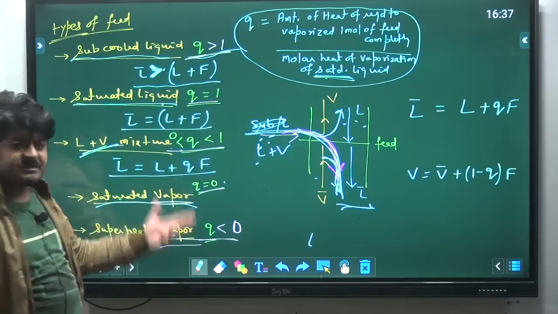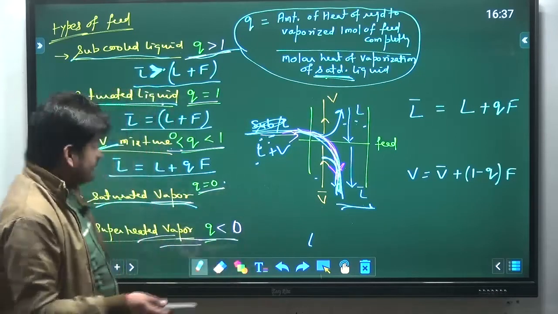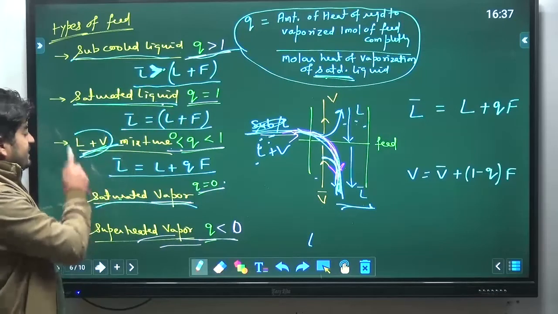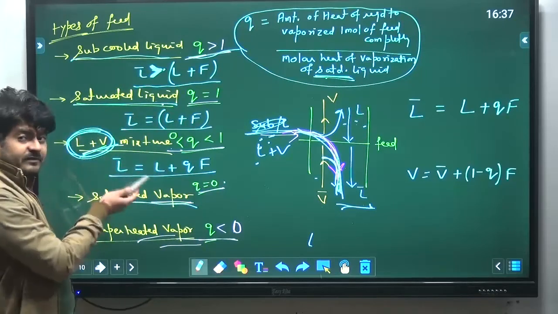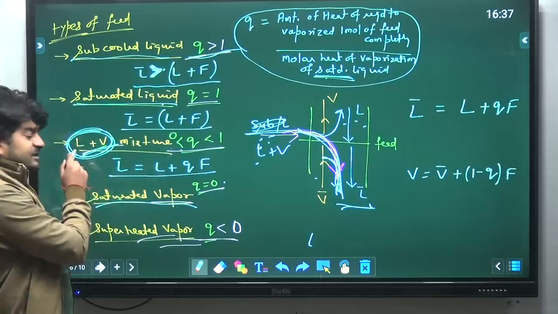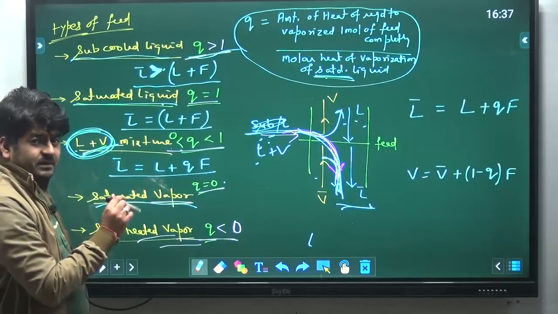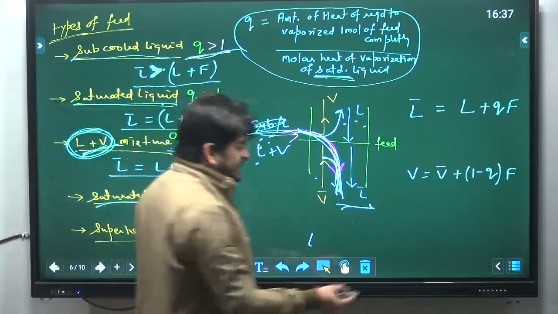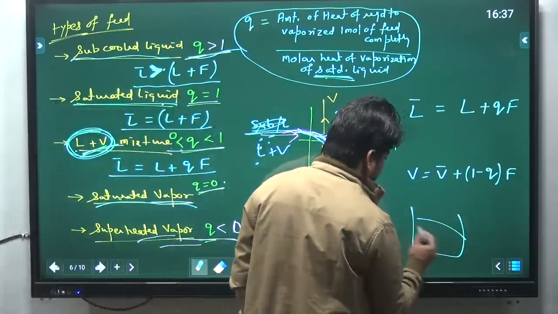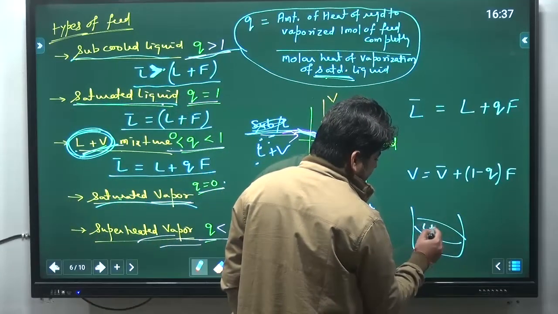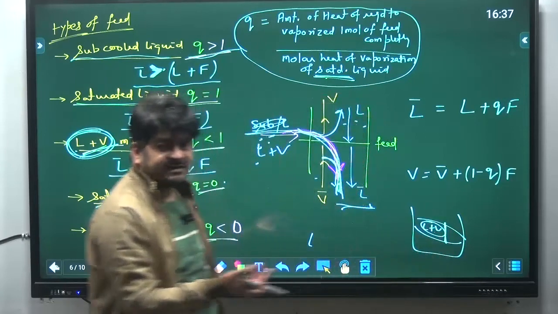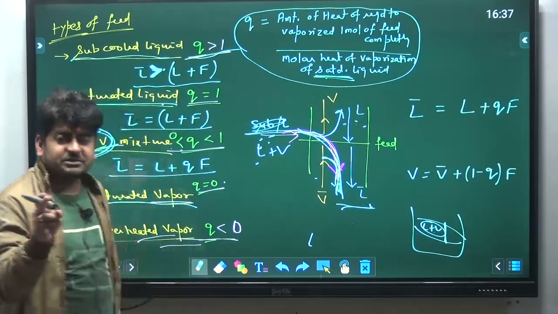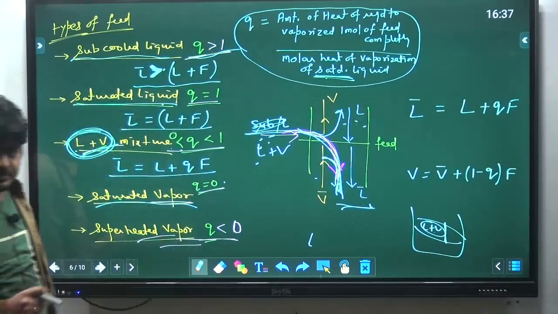When saturated vapors are there, because remember this, whenever feed is mixed, if you remember the TXY diagram we discussed yesterday, this part is between these two. So this is the two-phase region, a saturated mixture of saturated liquid and saturated vapor.